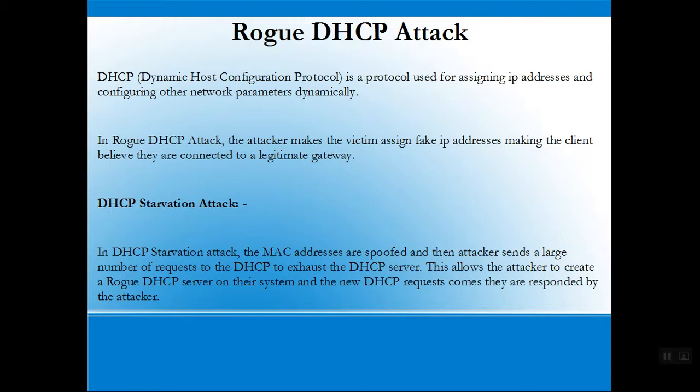In a DHCP starvation attack, the MAC addresses are spoofed and then the attacker sends a large number of requests to the DHCP server to exhaust it. This allows the attacker to create a rogue DHCP server on their system, and when a new DHCP request comes, it is responded to by the attacker.